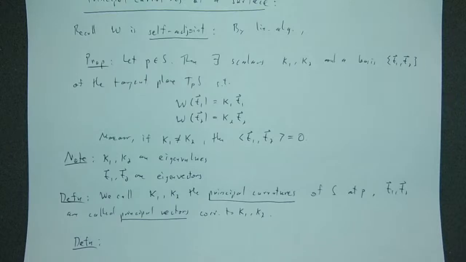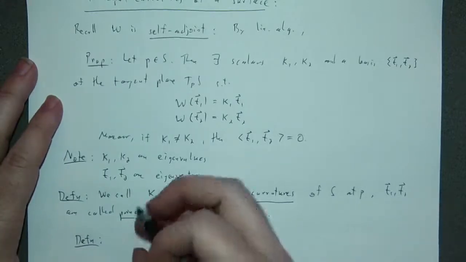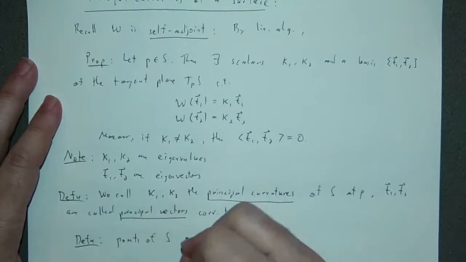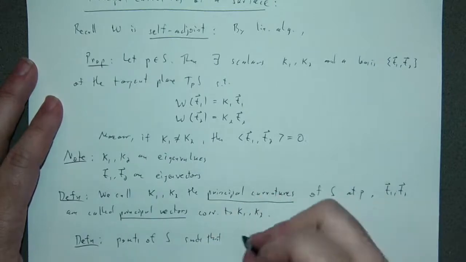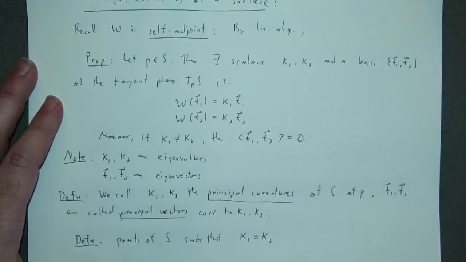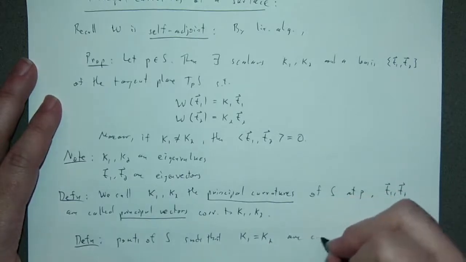So in that case, we have a special name for such a point. We call points of S such that kappa sub 1 is equal to kappa sub 2 umbilics.